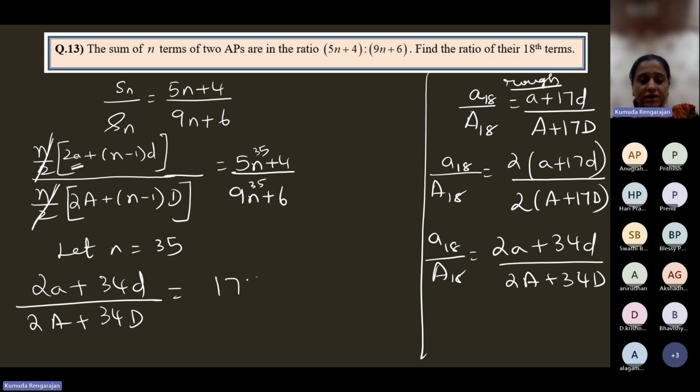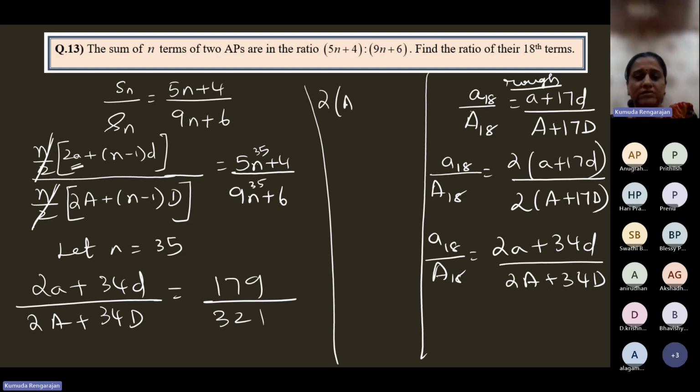So we have 179 by 321. Now take out 2 common.